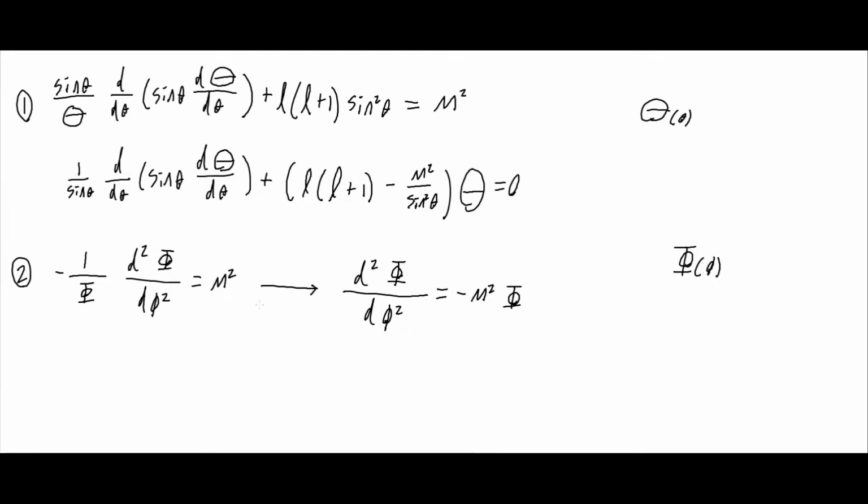All right, and so this number 2 here has a general solution, which will be, so our big phi here, and that is a function of little phi, will be equal to, so this is the general solution, a e to the i m little phi, so the i being the complex number, the imaginary number, plus b e to the minus i m phi.